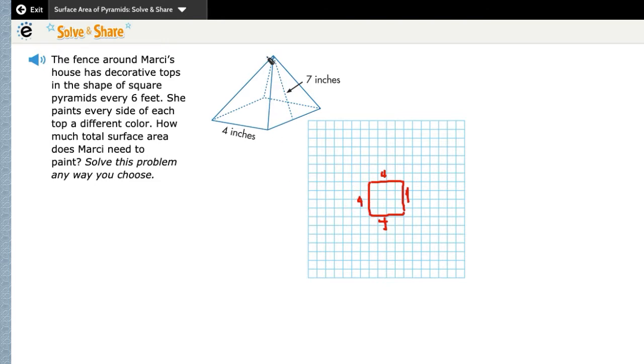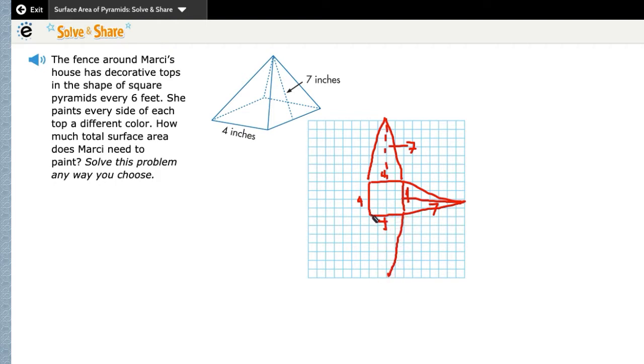Next, the faces of the pyramid are triangles with a height of 7. So let's draw the net here: 1, 2, 3, 4, 5, 6, 7. This is the height, 7 inches. Also on this side, 1 to 7, the height is also 7.